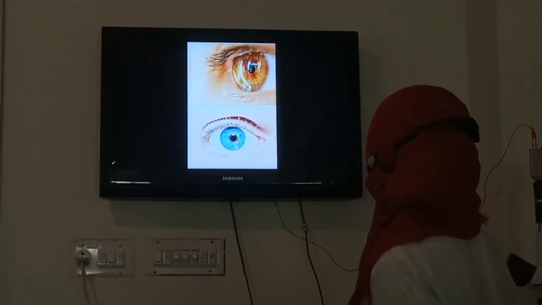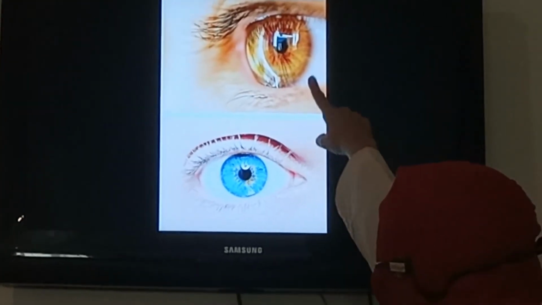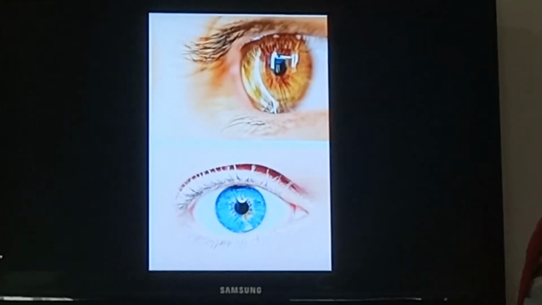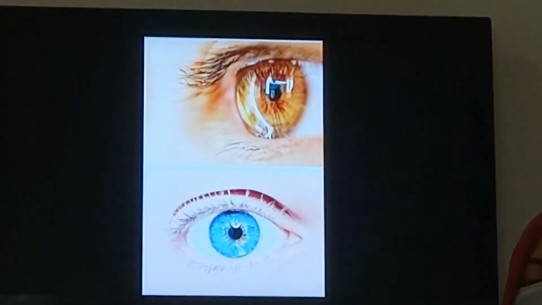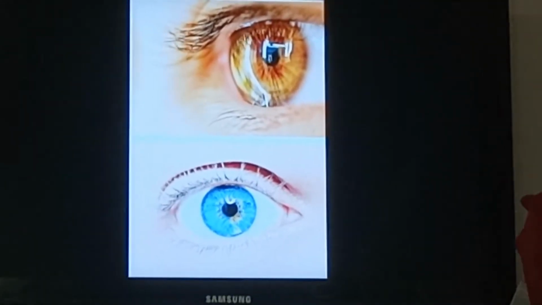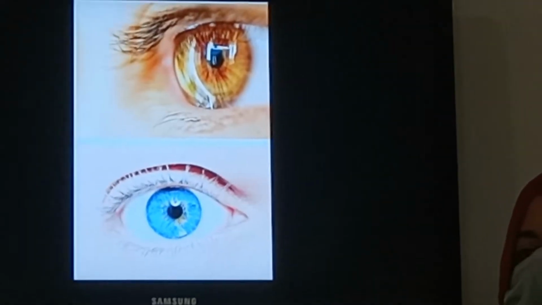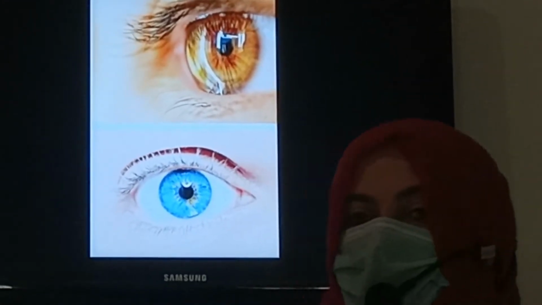So let's see what this cornea has. You can see that it is a transparent, avascular structure, present as a first line of defense, you would say the warrior in the eye. That is the transparent white.